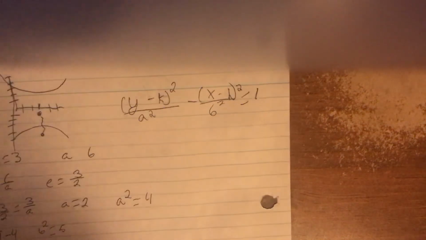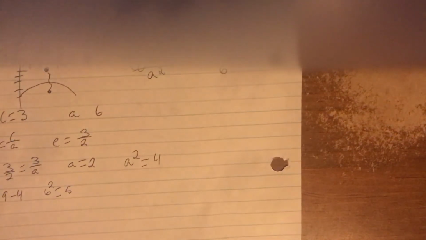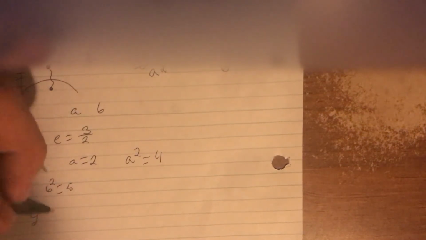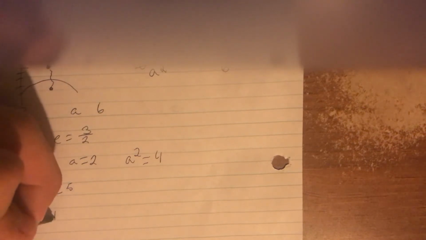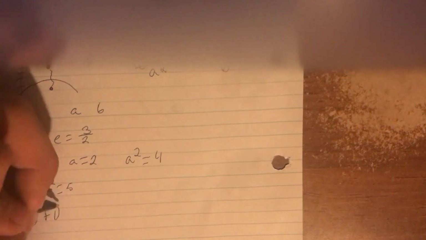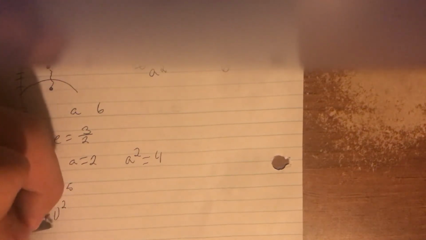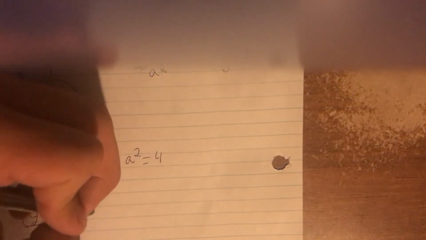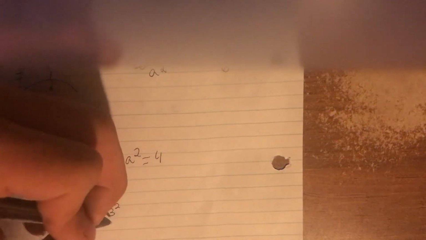So our final equation will be y plus 1 squared over 4 minus x minus 3 squared over 5 equals 1.